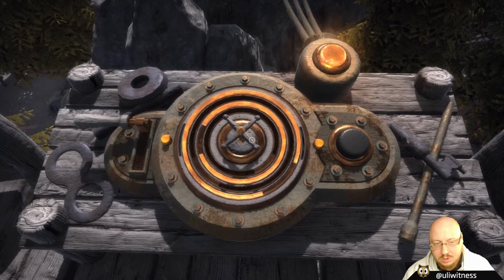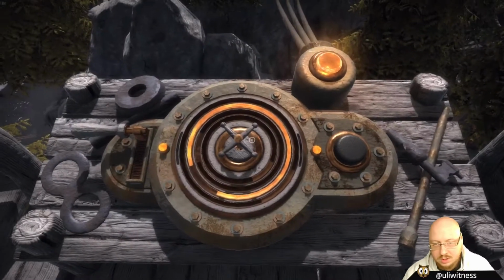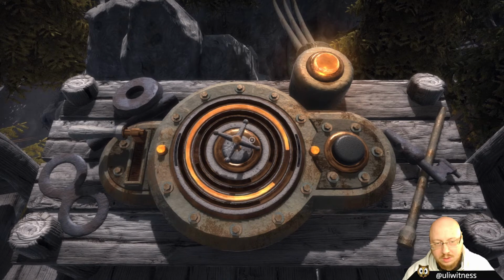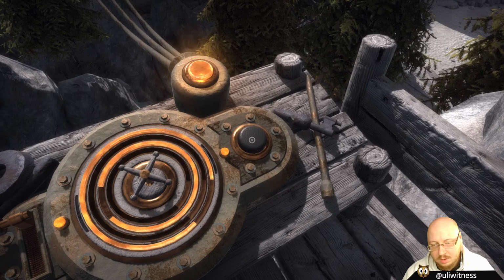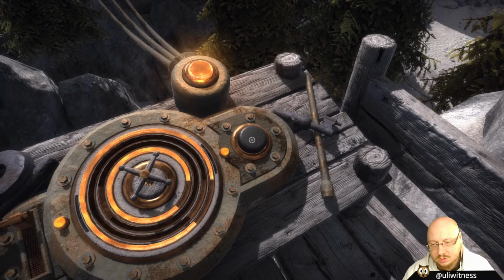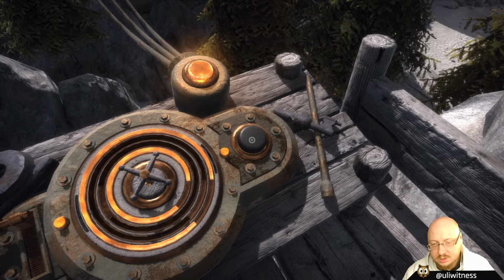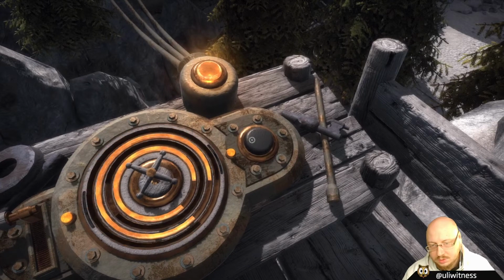So this moves the outer one, and this is the only one that moves independently. And this one moves with the outer one. And this one moves with the outer one. So, wait.